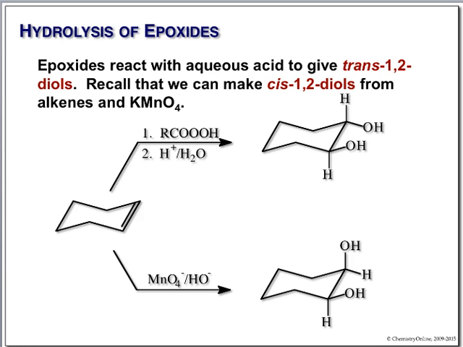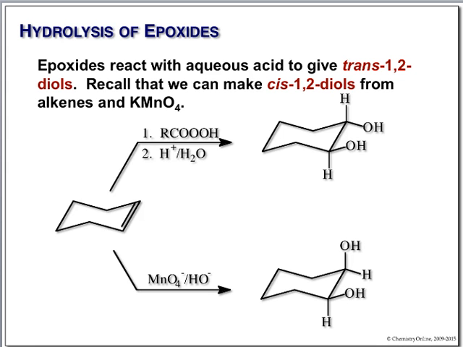So that's one of the reasons epoxides are neat. We can do the two-step reaction where we make the epoxide and then hydrolyze it to give trans 1,2-diol. If we wanted the cis instead, we would just use permanganate, get a cis 1,2-diol.